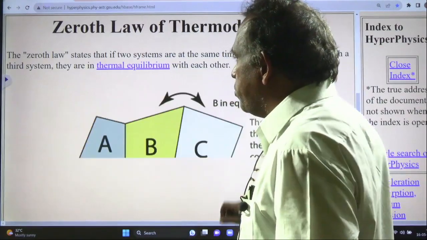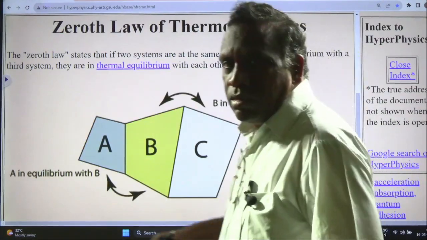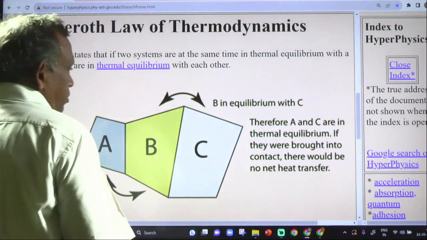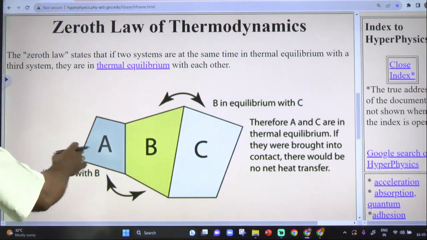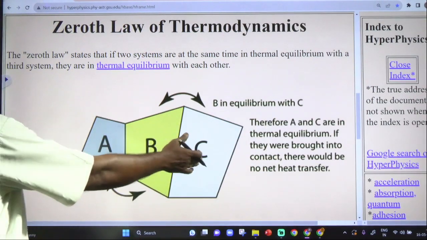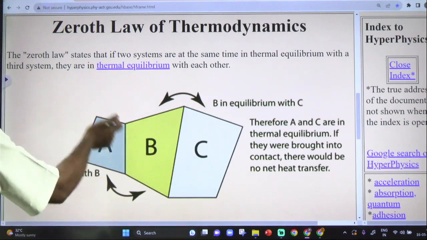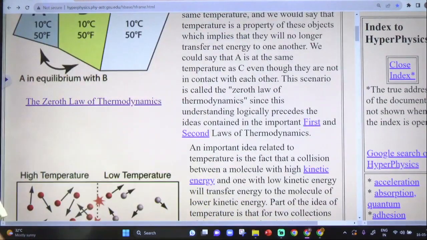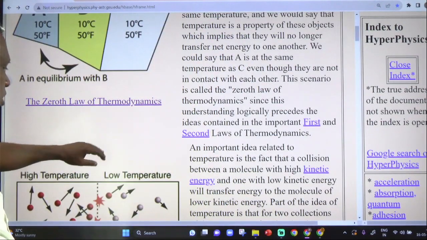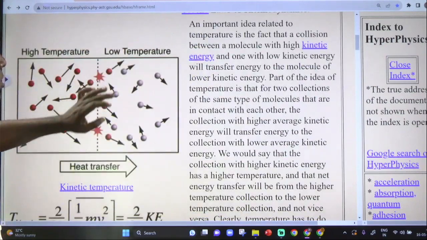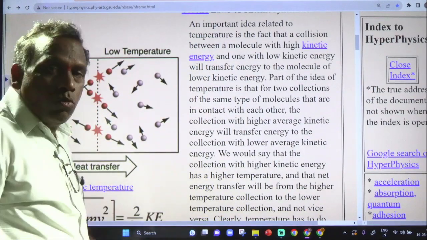Just now I told you about A, B, C: if A and B are in thermal equilibrium and B and C are in thermal equilibrium, then A and C are in thermal equilibrium with each other. The first law of thermodynamics relates heat and work.